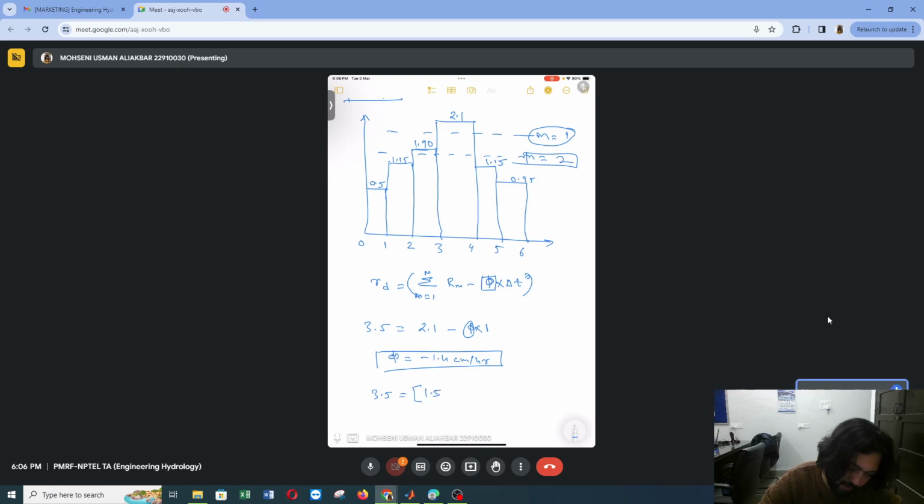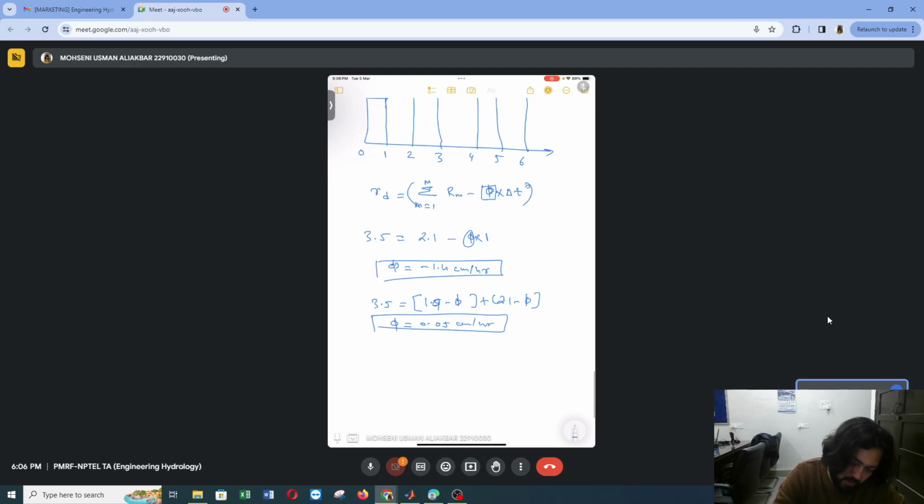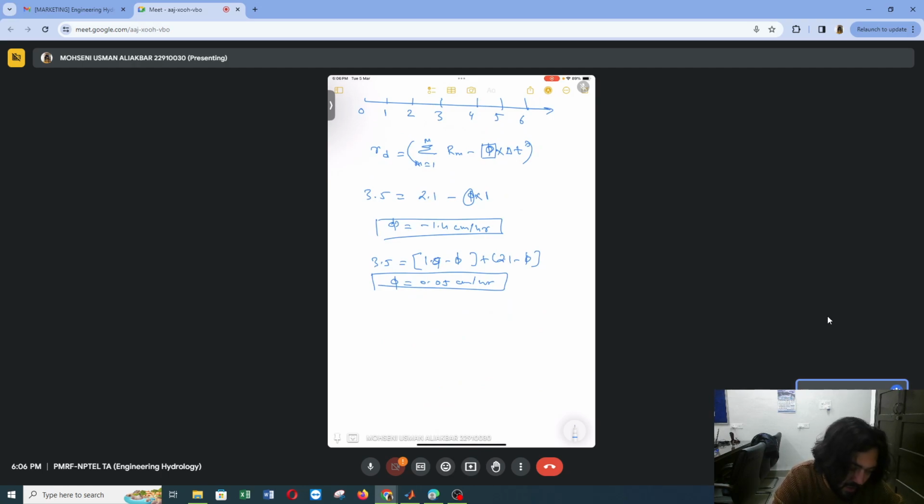So 3.5 equals 1.9 minus phi plus 2.1 minus phi. If we calculate this value, we get the value of phi as 0.05 centimeter. So again the assumption is wrong. The value of phi should be between 1.15 and 1.9, but we are not getting that. So similarly we will keep on trying for each case till the assumption is right.